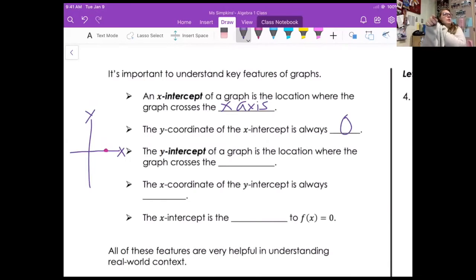When you move coordinates, you go left or right and up or down. So what do you think the y-intercept is? Yes, when we touch the y-axis, which would be right there. So that's when your graph crosses the y-axis, and the x-coordinate is 0. Sometimes I'm going to ask for a solution, and that's when I'm asking about the x-intercept. So the x-intercept is also called a solution.